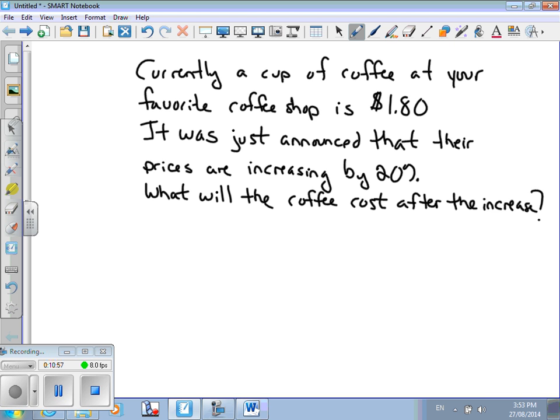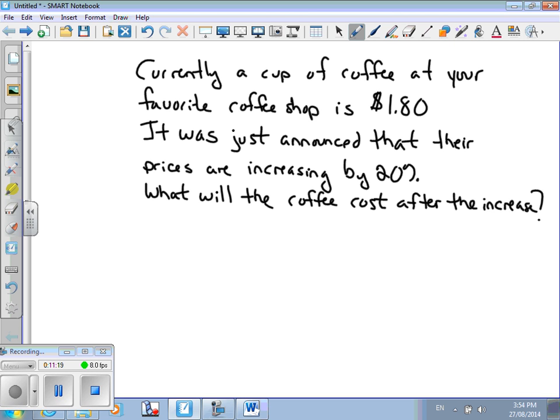Okay, if you take a look at that question, you'll see that how it differs is we don't have the initial amount and the final amount to calculate the difference. What we're given in this question is the initial or current amount and how much it's changing by.